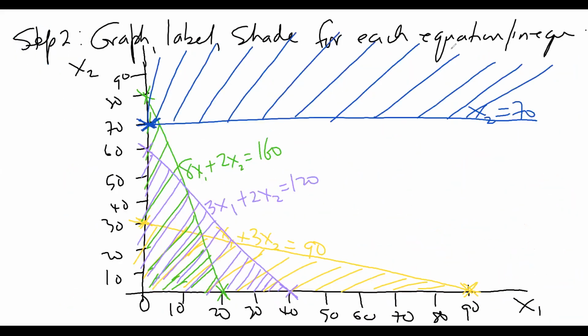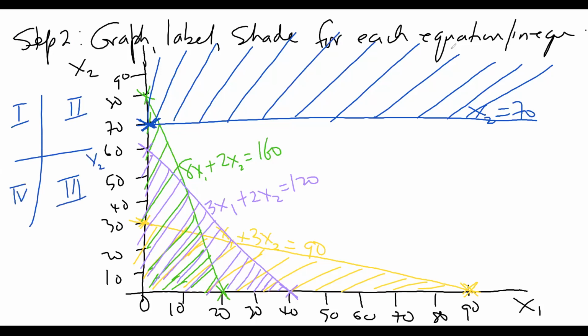Where is it? Well, x1 is greater than 0 to the right of the x2 line, and x2 is greater than 0 to the top of the x1 line. So it confines us within the right-hand side of the quadrant. So if this is the quadrant, this is quadrant 1, quadrant 2, quadrant 3, and quadrant 4.